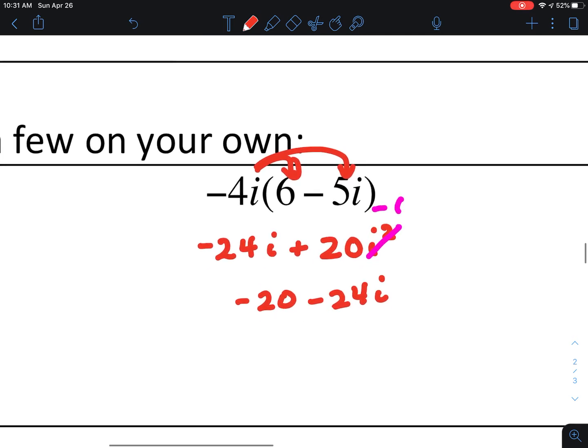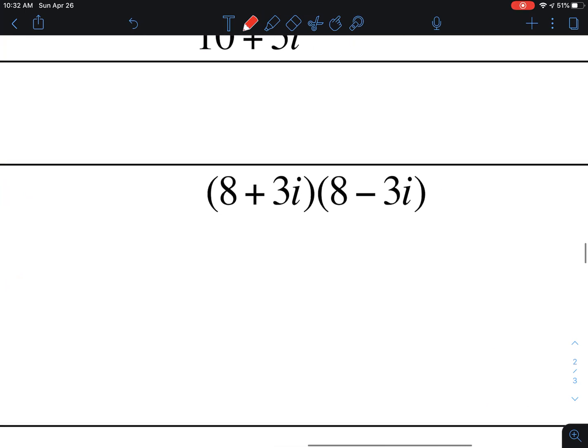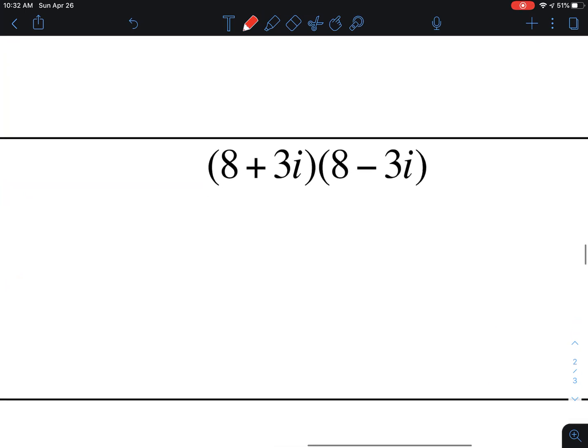You're probably asking yourself, wait, why did he put the negative 20 out in front first and then put the imaginary number second? Well, technically it doesn't matter what order you put the terms. However, most often in a complex number, you'll see the real number first and then the imaginary number second. So just be aware of that. But you could have left it negative 24i minus 20. It's the same thing.